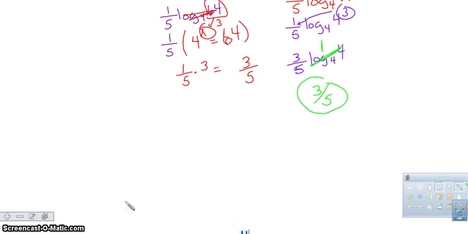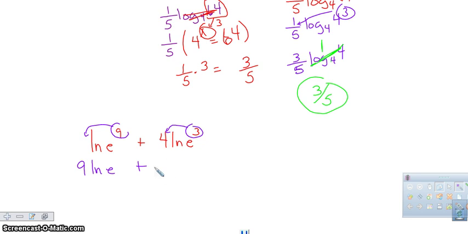So let's look at another one. Let's look at natural log of e to the 9th plus 4 natural log of e cubed. Now here's my power rule. The 9 can come in front. So I get 9 natural log of e plus power rule again.